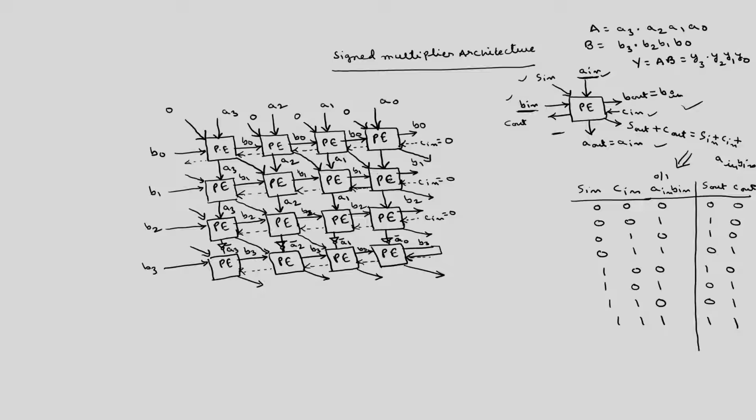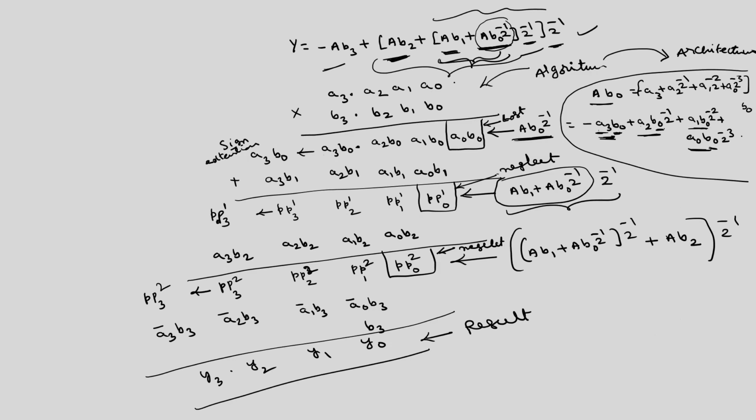Now to get the final connections of this one, we will refer back to the algorithm that we have discussed in the last lecture. This was the algorithm that we have developed using Horner's law, to perform the signed multiplication of two 4-bit numbers A3, A2, A1, A0 and B3, B2, B1, B0. The procedure is: first we have to compute AB0 and then AB0 into 2 raised to the power of minus 1.